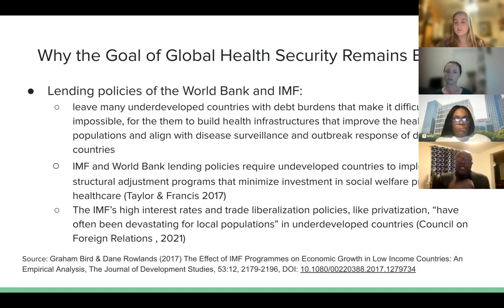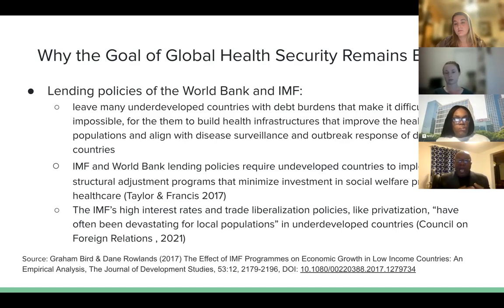How much more if we're looking at other developing or underdeveloped countries that are saddled with IMF and World Bank loans with stringent conditions and high interest rates, so that they're not able to divert resources from paying these debts to make investments in healthcare and healthcare infrastructure.